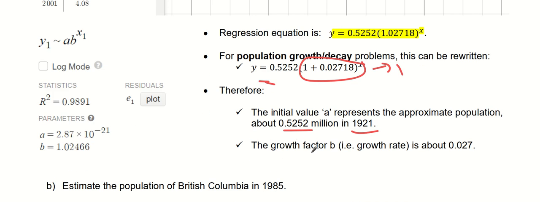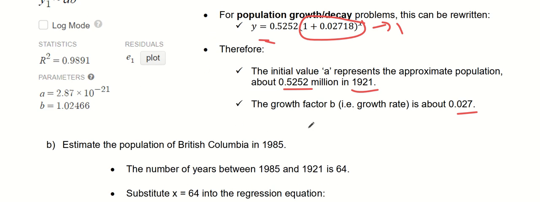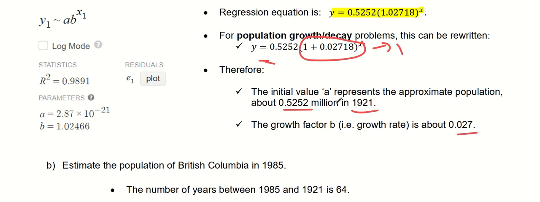And the growth factor is about 0.027. You can tell right away that's the growth factor because it's right over here, this number here. And this is the reason why I like to separate the 1 away from this.